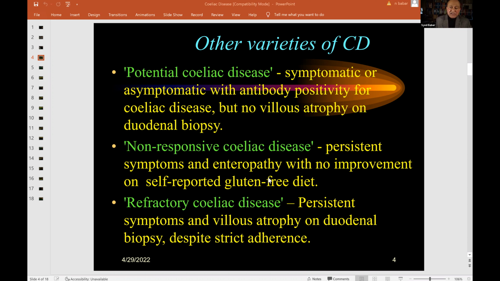Then there is refractory celiac disease, when there are persistent symptoms and the duodenal biopsy suggests villus atrophy, despite strict adherence to gluten avoidance. Without exposure to gluten, it is unlikely that symptoms will develop. But sometimes, in rare cases, there is histological evidence in an asymptomatic state.